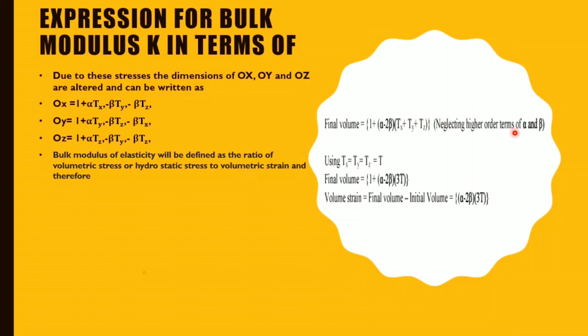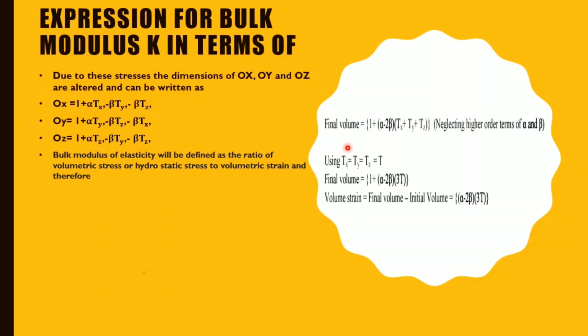Neglecting higher order terms of alpha, we make it 1 plus alpha minus 2 beta. See, here there are 2 betas, right? So we take Tx plus Ty plus Tz common, and we get this as the final volume.